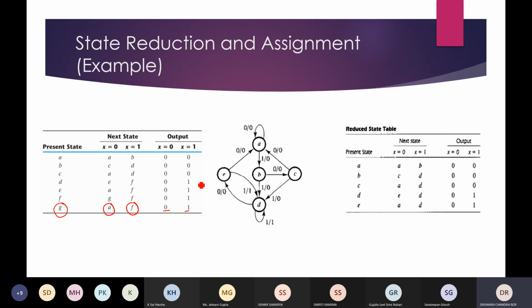If you see carefully, this state E and G are equivalent because E also has the same thing, A F and 0 1. So we can see clearly these E and G are equivalent.